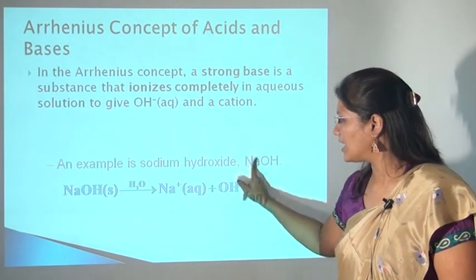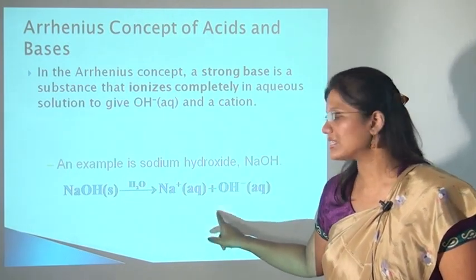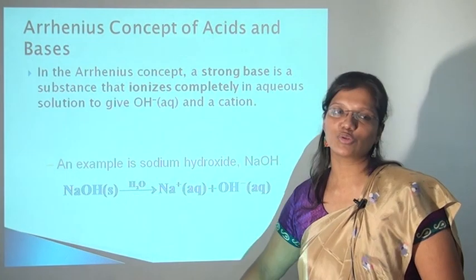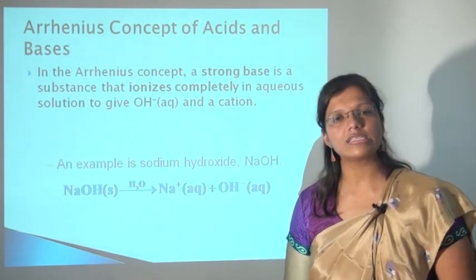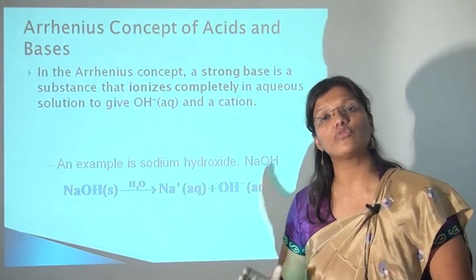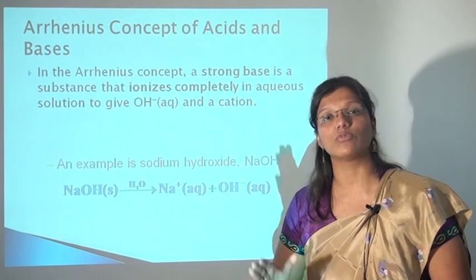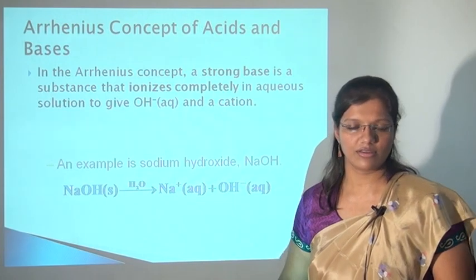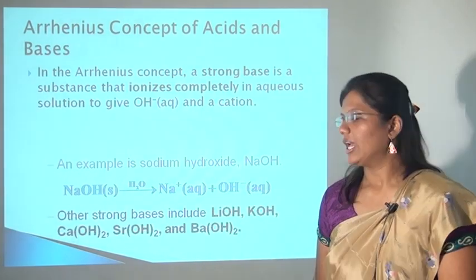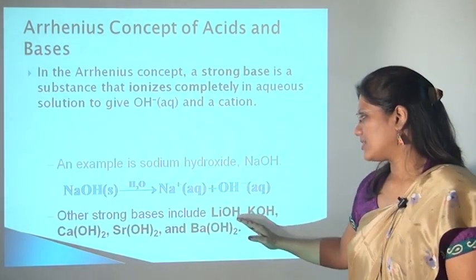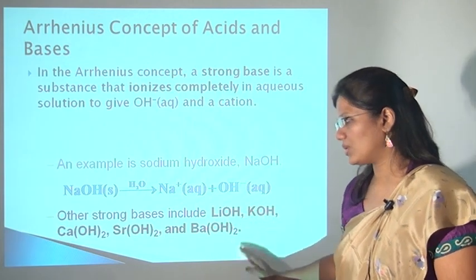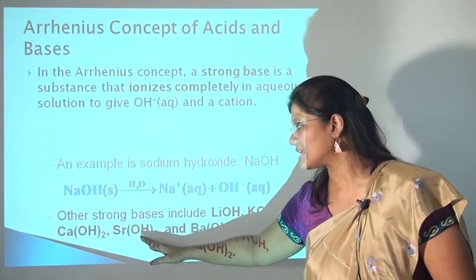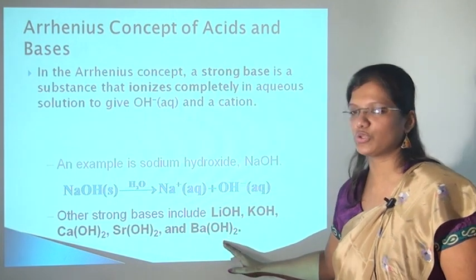Here it increases the concentration of OH minus ion. Therefore, it is known as a strong base. It ionizes itself completely to form OH minus, or you can say hydroxide ion, and therefore it is known as a strong base. Other strong bases are LiOH, KOH, Ca(OH)2, Sr(OH)2, and Ba(OH)2.